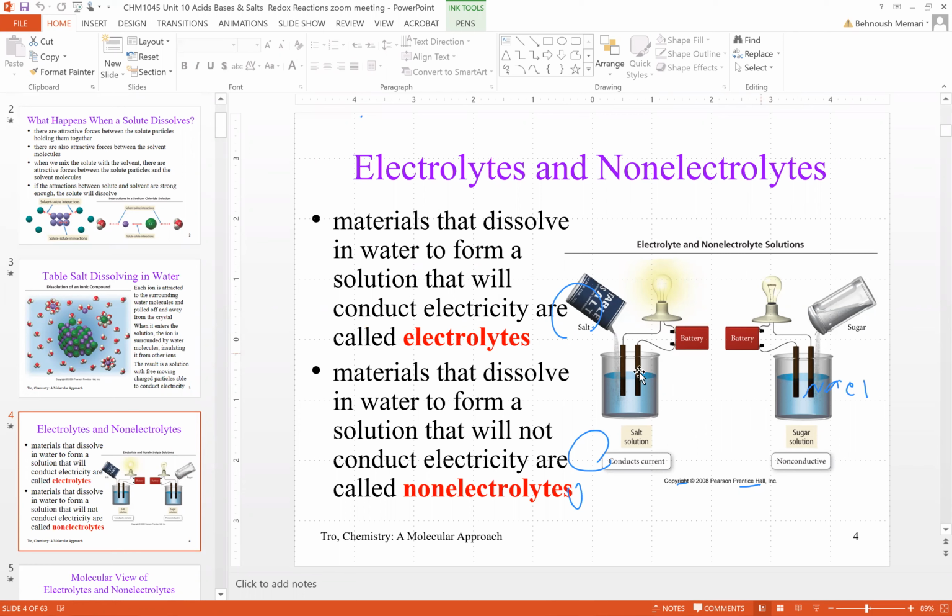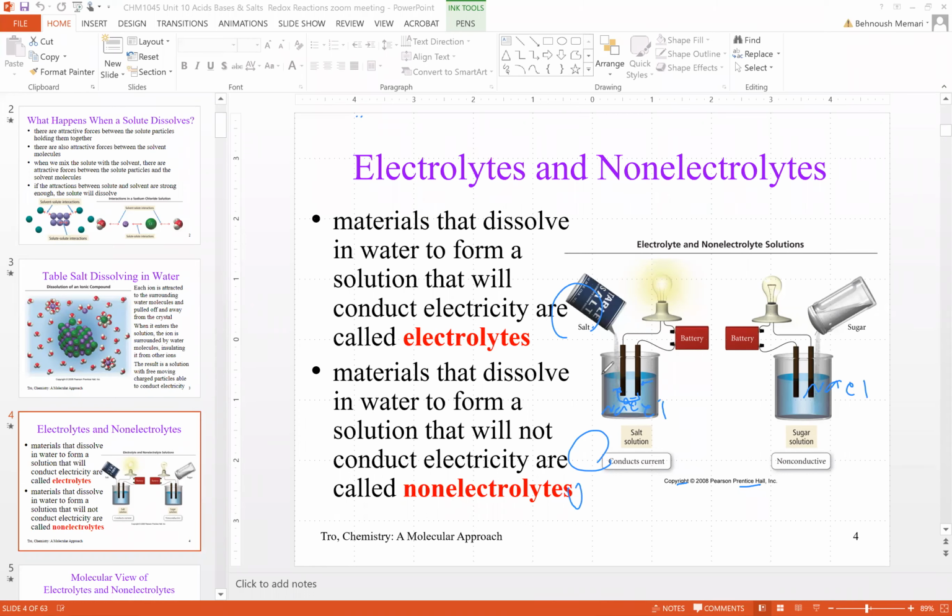So if we have a solution of sodium chloride, when it dissolves, it is going to give us Na plus and Cl minus. We have these ions in the solution, and it can transport electron from one pole to the other pole. So basically, ions can bring the electrons from one pole to the other, and the solution is known as electrolyte.